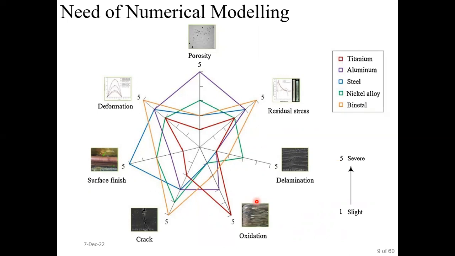In any type of additive manufacturing process which utilizes metal feedstock, there are seven different types of defects shown in this slide. We can expect any of these defects like porosity, deformation, poor surface finish, crack, oxidation, delamination, and residual stress.